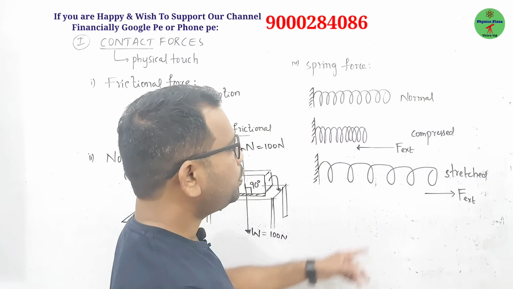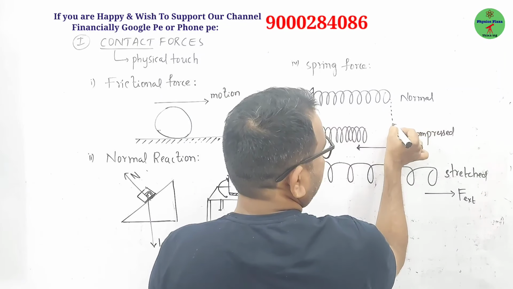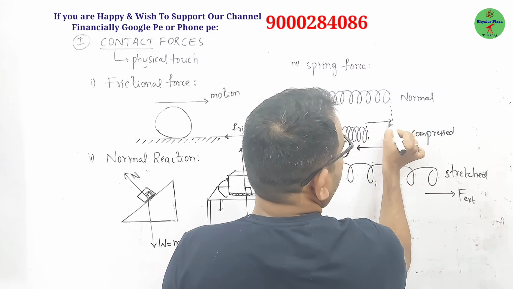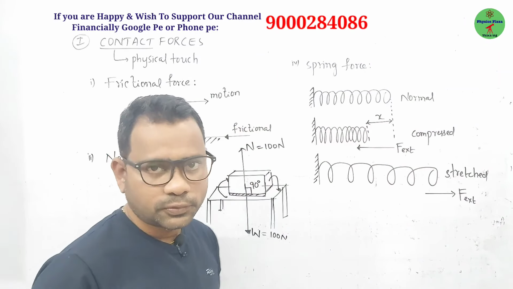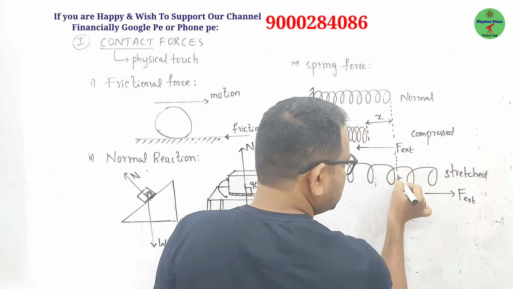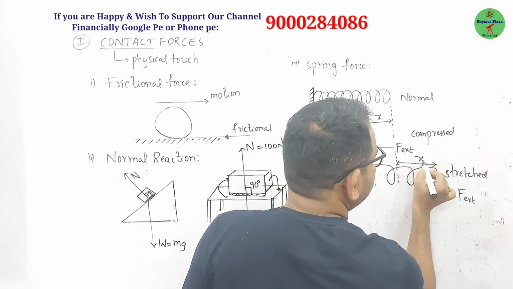But try to understand, the moment the spring is compressed, before it was here, right? Yes, now here it is. So this much it got displaced. Am I clear? Yes. And here also, if you can see, this much it got displaced or elongated.